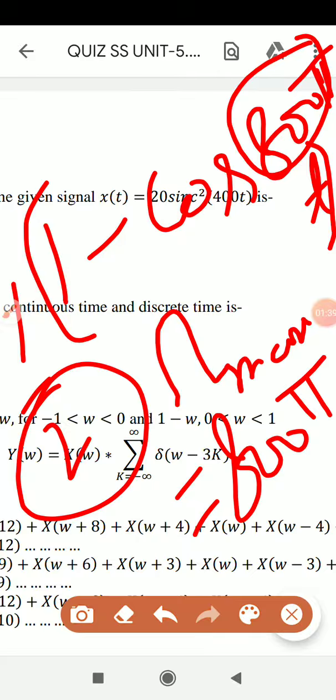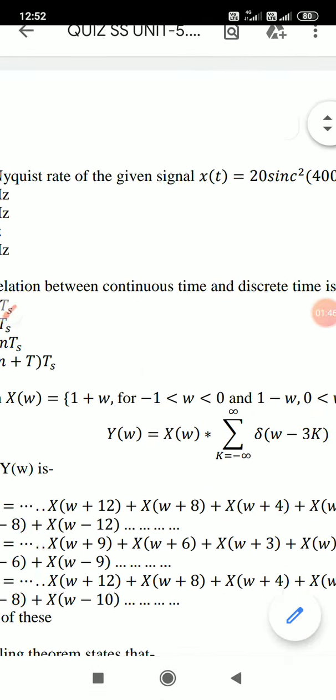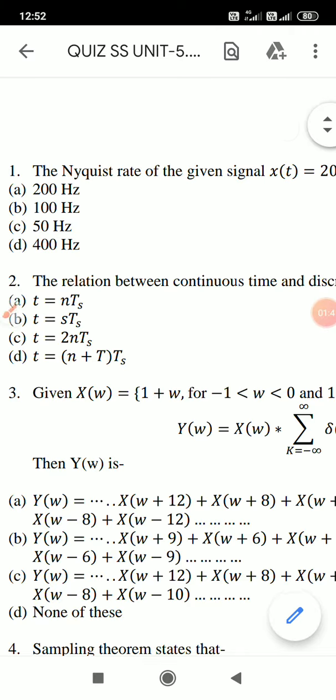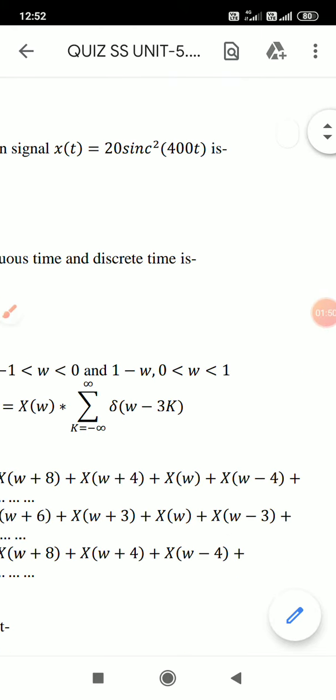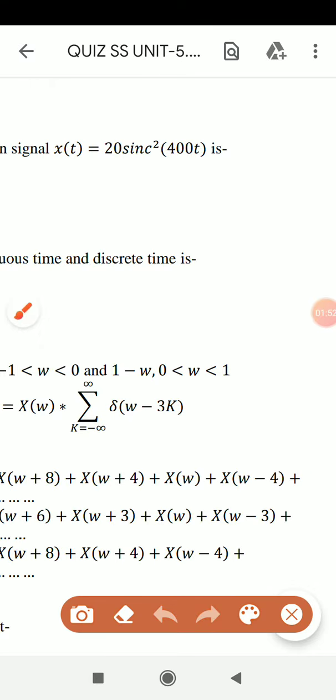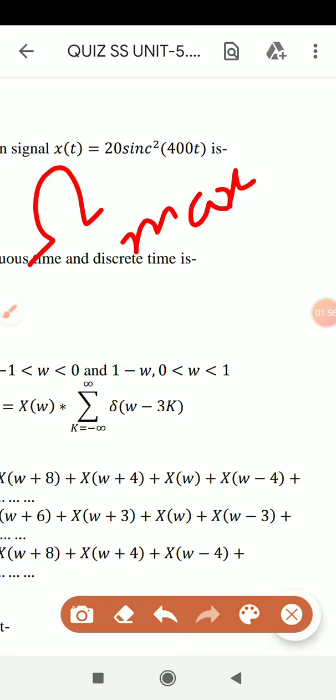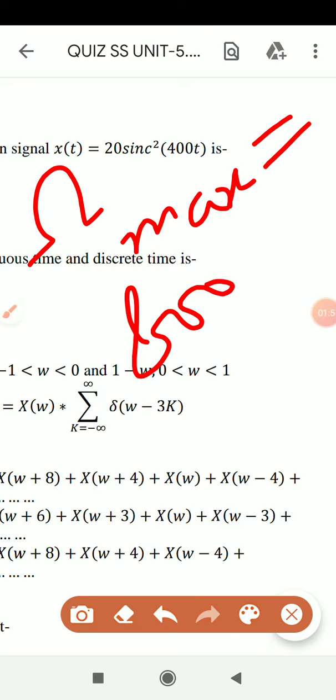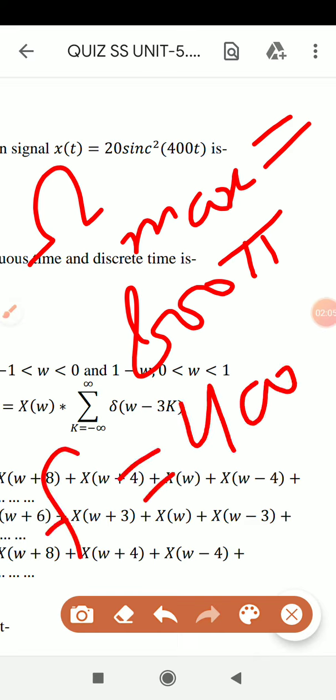Okay, so we can calculate maximum frequency: omega is equal to 2 pi f, so f is equal to 400.